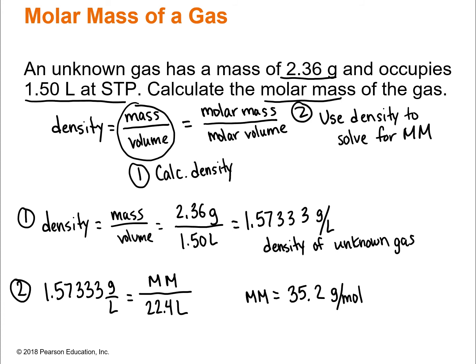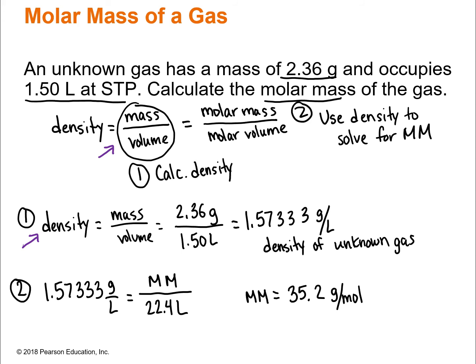For this, we're going to have to use two definitions of density. The first one is the one that we encountered in Chapter 2: density is equal to mass over volume. We have a mass, we have a volume, so we can calculate density. So that's what we did here. 2.36 divided by 1.5, you get 1.733333. That's our density of the unknown gas.